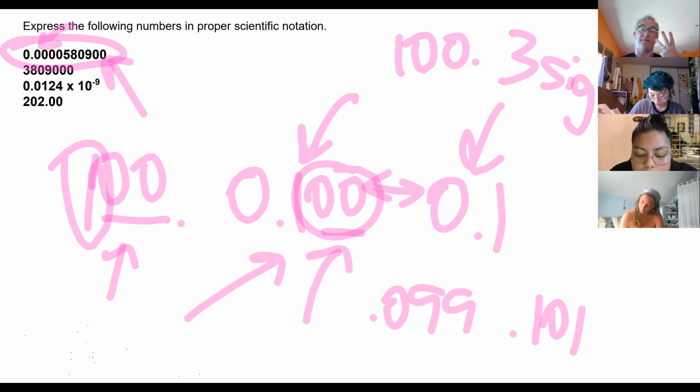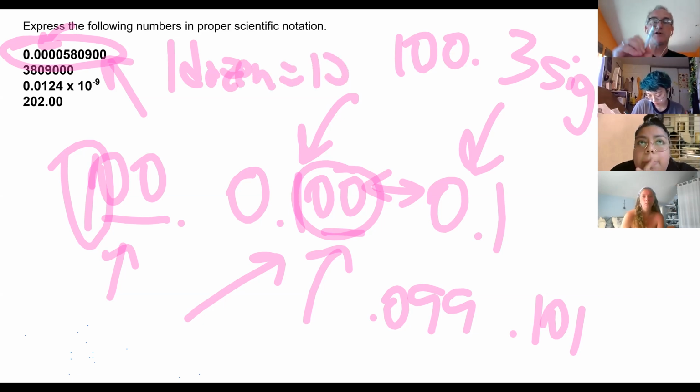Now, where that doesn't hold up is if we're counting. So if I said 1 dozen eggs is equal to 12, how many significant digits are there in the 12? Infinite. That's right. Because it's not a measurement. It's an exact number.